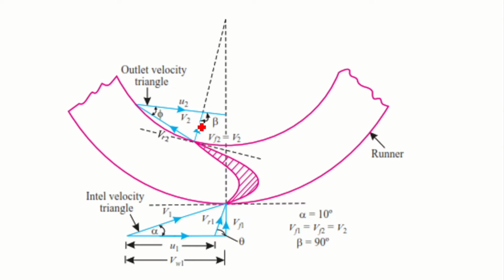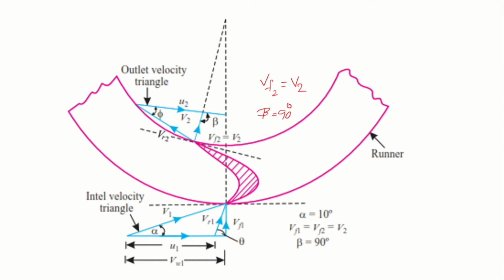At the outlet, the water is flowing radially. Since it is a radial outlet, the velocity Vf2 is equal to V2. The absolute velocity of the water at the outlet is in the radial direction. So Vf2 is equal to V2. That means beta is equal to 90 degree.